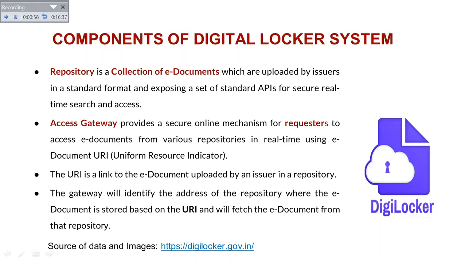That is called URI. And the gateway will identify the address. That means we have a DNS server which will convert your URL into a particular location and fetch that document. So the first thing is all the issuing authorities will create what is known as a repository where you know who is issuing what document. And secondly, you have a gateway which you can reach, and you will reach a particular document using a URI.